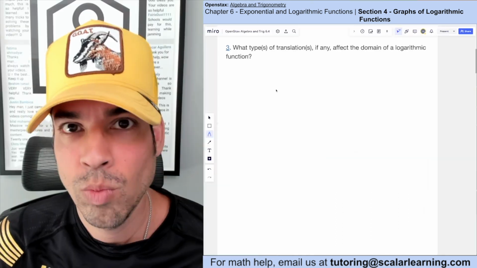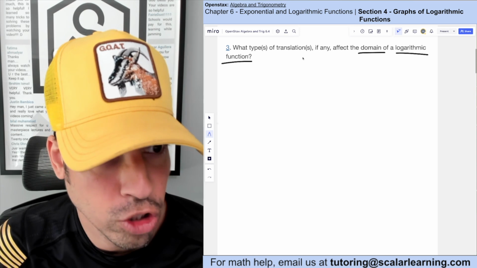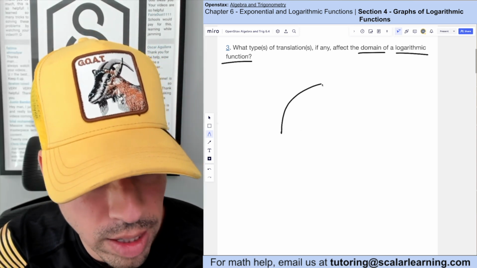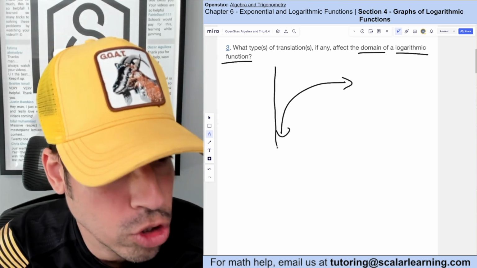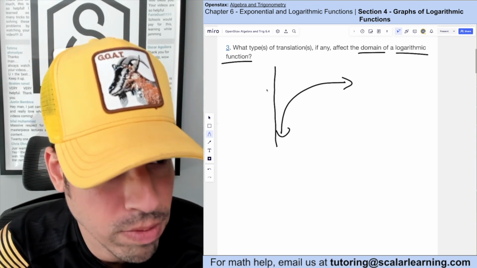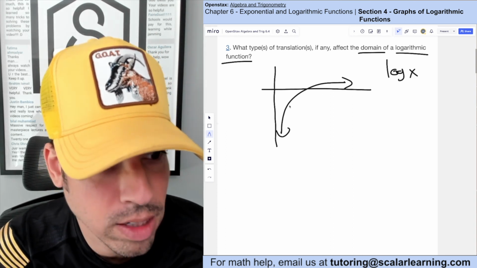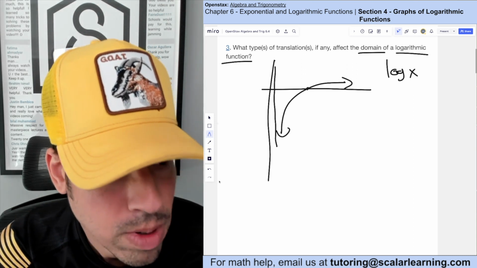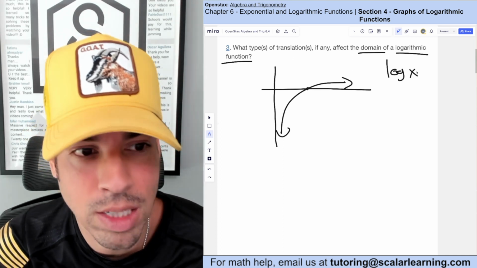Done. What types of translations, if any, affect the domain of a logarithmic function? A typical logarithmic function, let's call it log base 10 of x, has a hard stop for the domain. It crosses the x-axis at some point, and it has an invisible vertical asymptote, usually at 0.